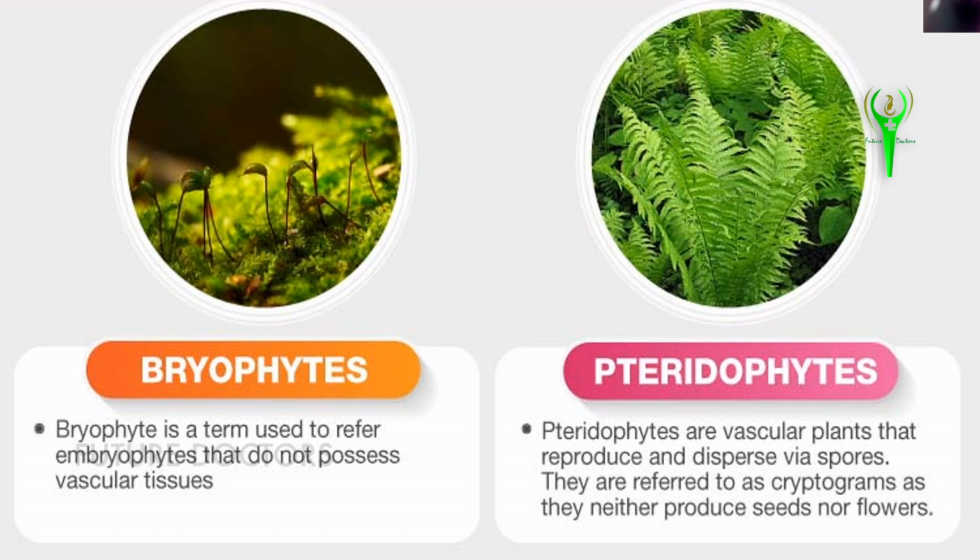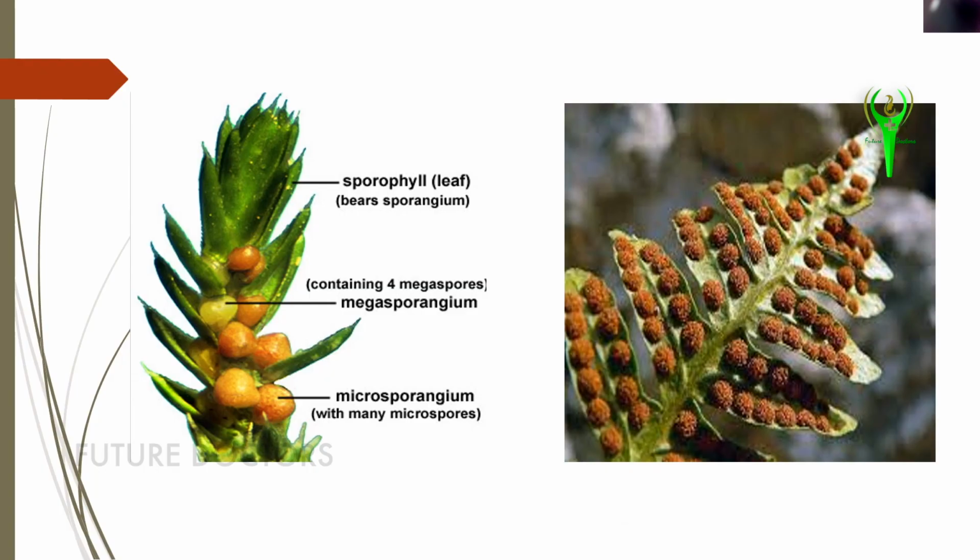They are also referred to as cryptogams as they neither produce seeds nor flowers. Sporophyll. Sporophytes bear sporangia that are subtended by leaf-like appendages called sporophylls. Sporophylls may form distinct compact structures called strobili or cones.